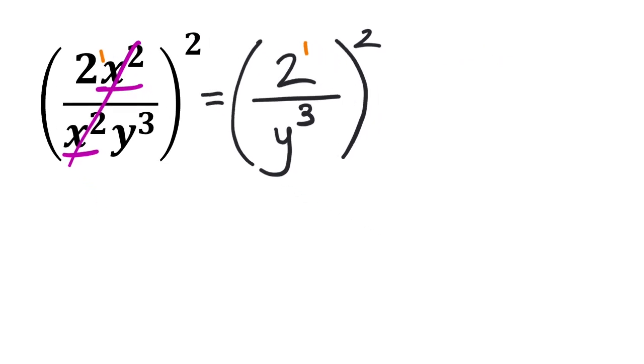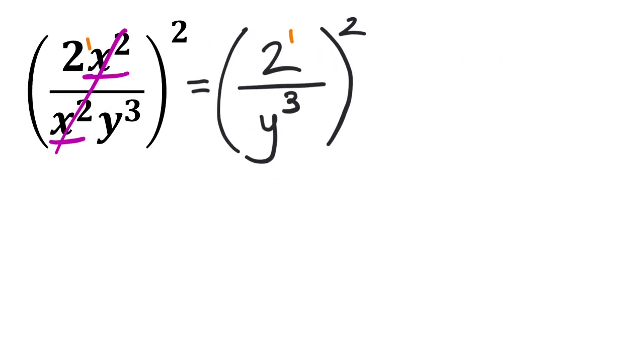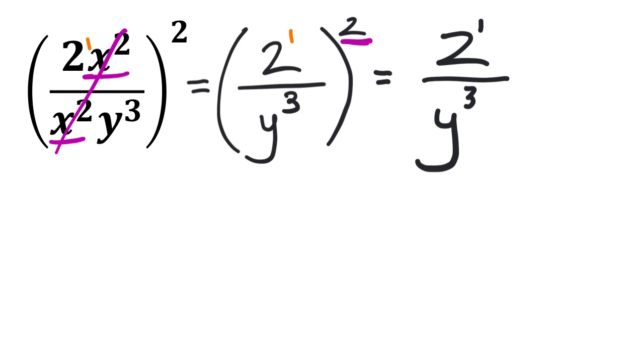And now I will apply that exponent of 2 on the outside of the parentheses. So I'm going to keep everything on the inside the same for now, and then operate with those exponents from this 2 on the outside. So that's 2 to the power of 1 times 2 in the numerator, and base y to the power of 3 times 2 in the denominator. So this ends up going to be 2 to the power of, 1 times 2 is 2.